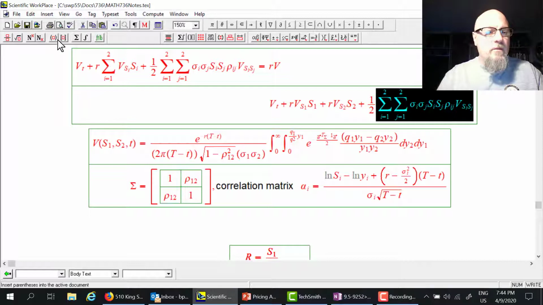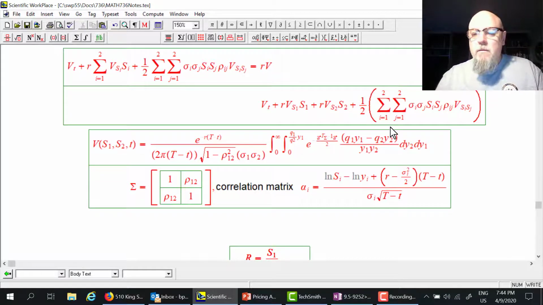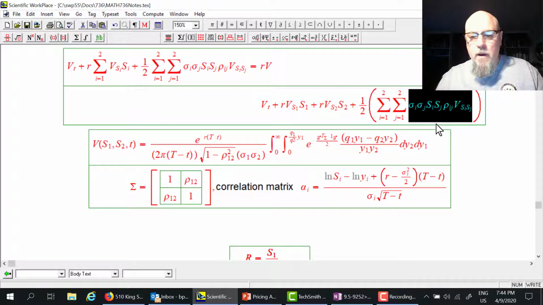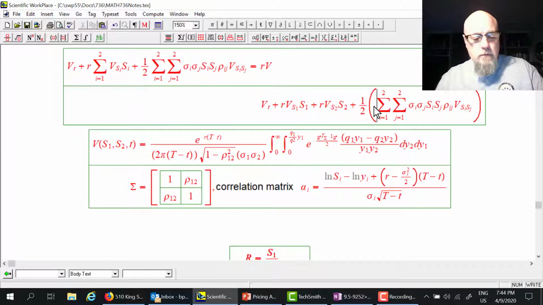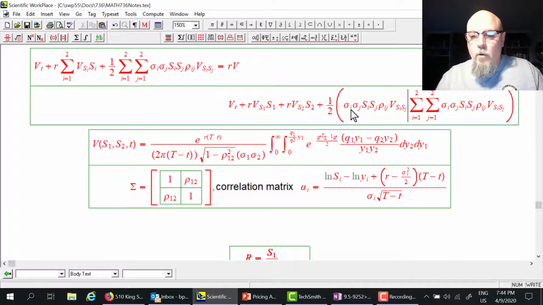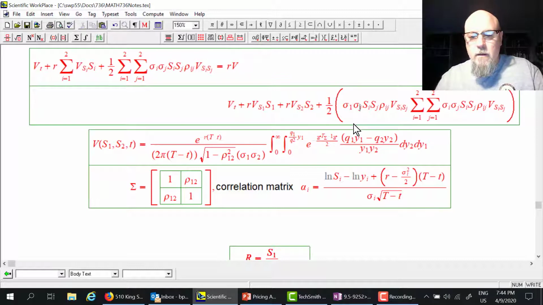I'm looking at this piece in here. I is 1 and then 2, j is 1 and then j is 2. Really, it's this piece, but there are 4 of them. There are 2 choices for I, 1 and 2, and 2 choices for j, 1 and 2. So let's put those 4 pieces in there. Let's go with the 1 and the 1.